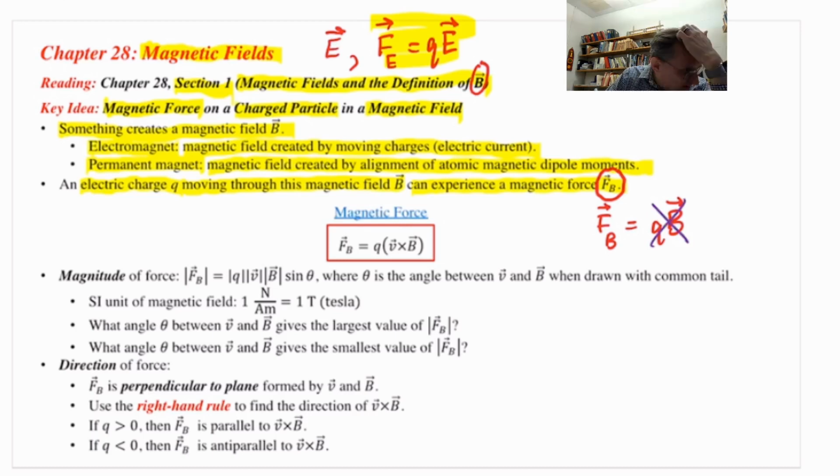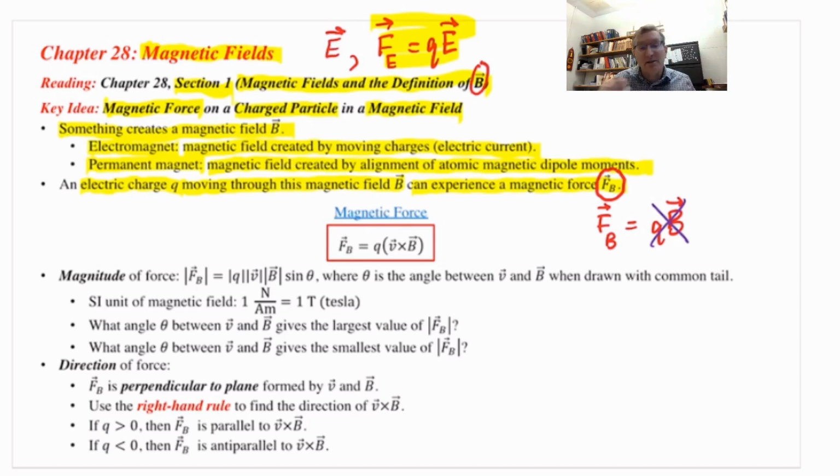And I want to start, although I have the formula here on the screen, by trying to motivate it for you based on what we'll call experiments, by running some simulations from Wiley Plus. From these simulations, we'll try to piece together the behavior of the magnetic force, and we will discover that it is more complicated than the electric force, at least in the situations we're dealing with.